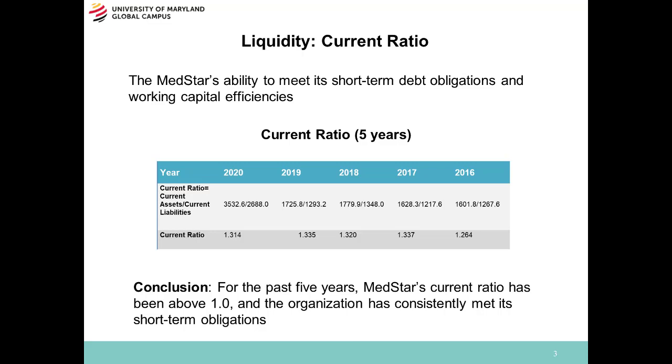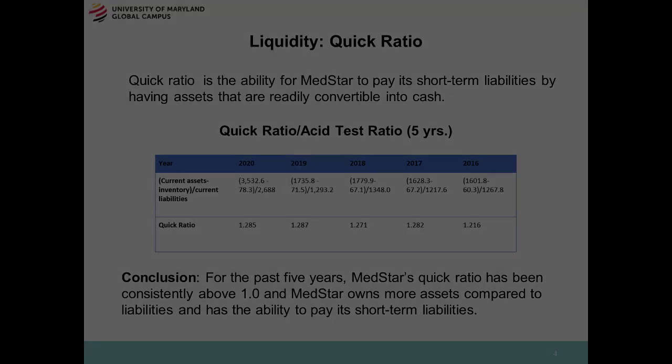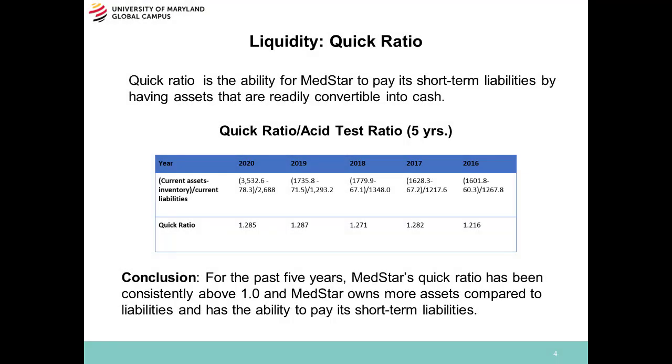For the past 5 years, MedStar's current ratio has been above 1.0. This means MedStar can meet its short-term obligations. The quick ratio measures the ability of an organization to pay its short-term liabilities by having assets that are readily convertible into cash.